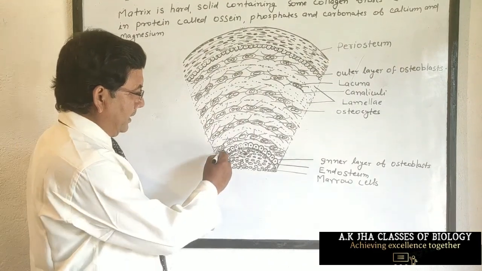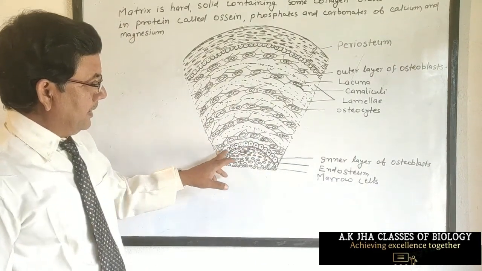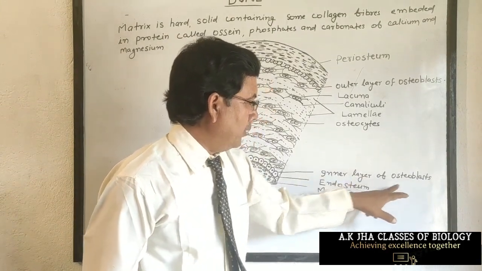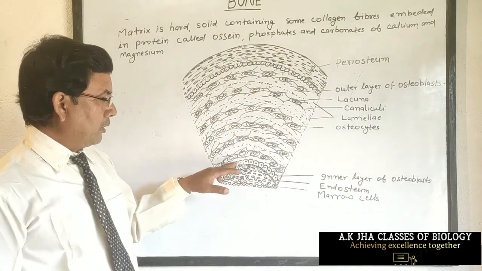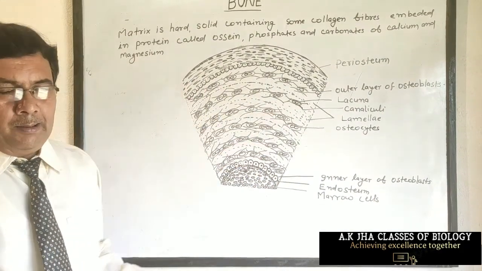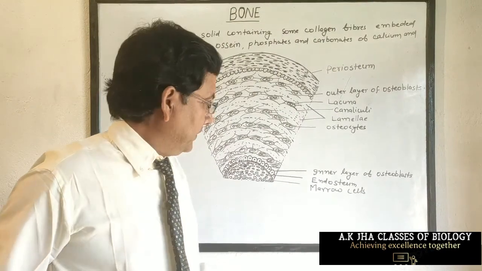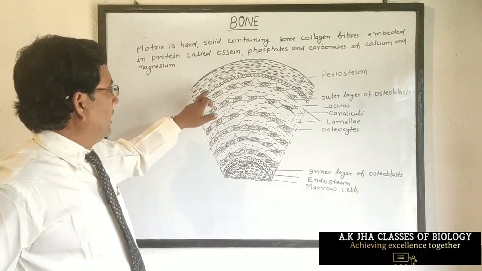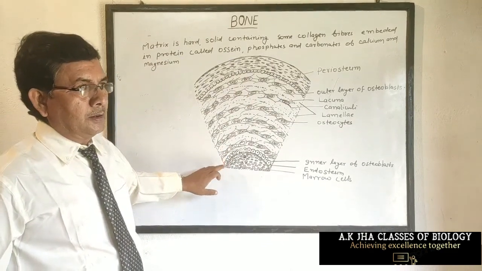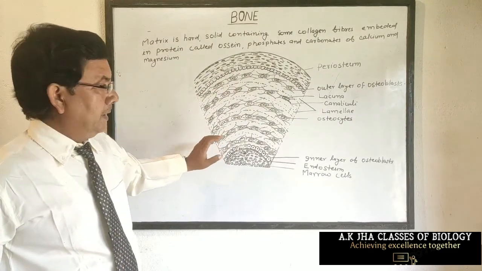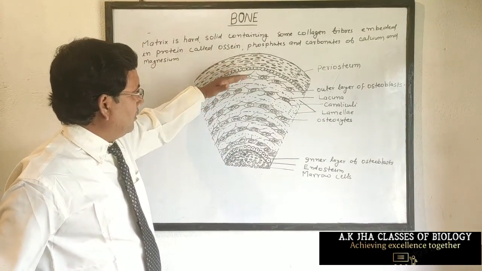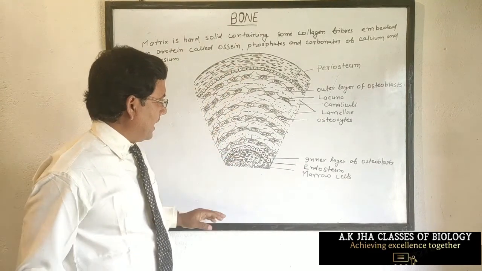Now on the inner side, there is an inner layer of osteoblasts. This inner layer of osteoblasts also continuously divides and adds new lamellae to the bone. So the outer layer of osteoblasts and the inner layer of osteoblasts both continuously divide, and they add lamellae from the outer side and from the inner side.